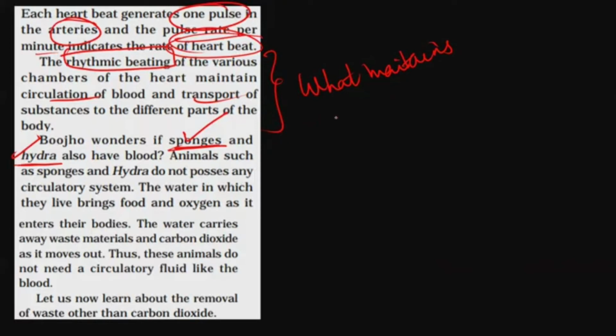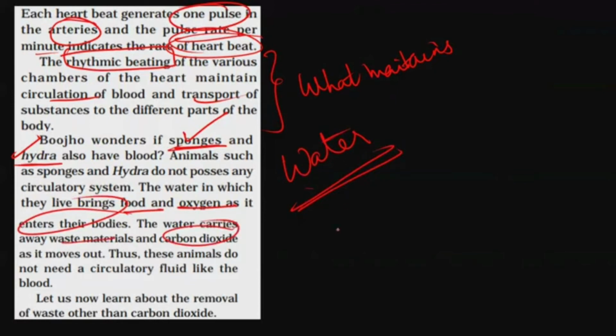So how did they actually circulate nutrients or even collect wastes? So the answer is they live in water. They're aquatic. So water actually brings food and oxygen as it enters the body, and this water itself carries away the waste materials like carbon dioxide. So these kind of primitive animals, they don't really need a circulatory fluid like blood.